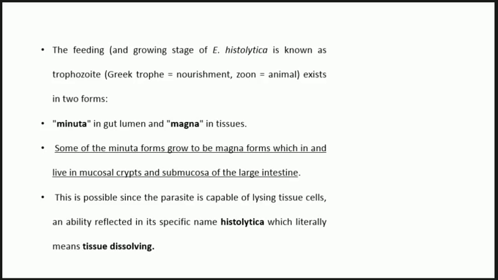Similarly, here also there are some stages, and there are separate names for these stages. So the feeding or growing stage of histolytica is called trophozoite.